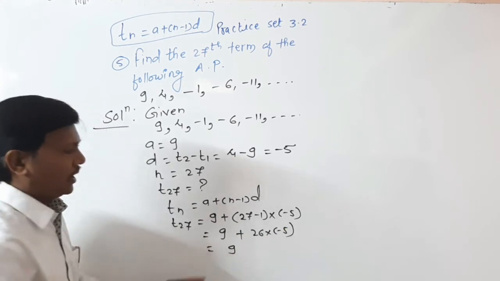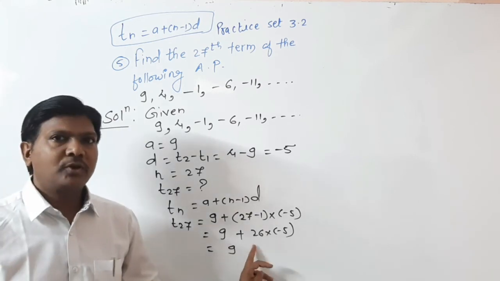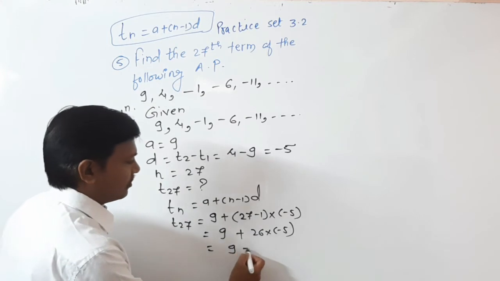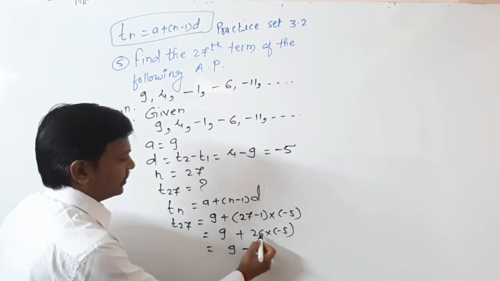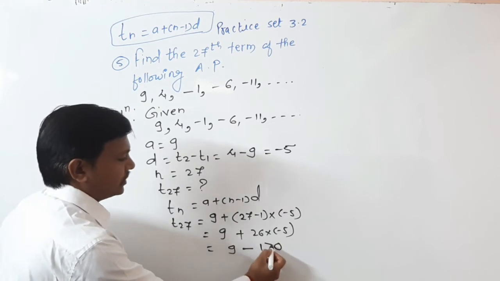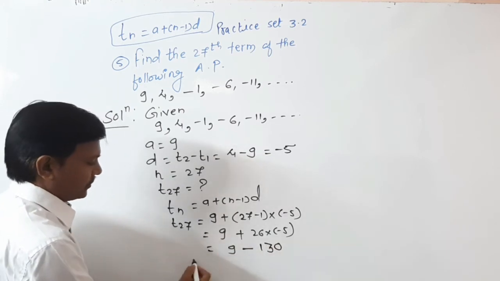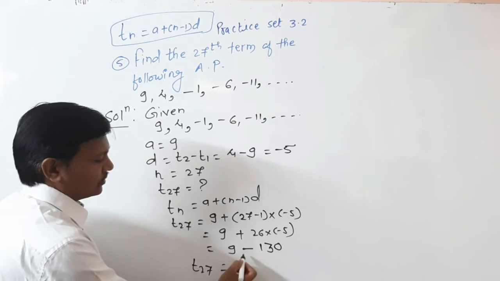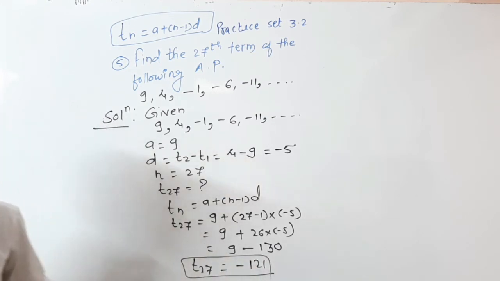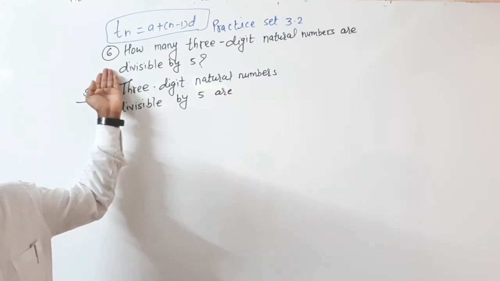In multiplication you know plus into minus or minus into plus is minus. So 6 fives are 30, and 20 plus 30 is 130... so 9 minus 130, and here its value is minus 121.